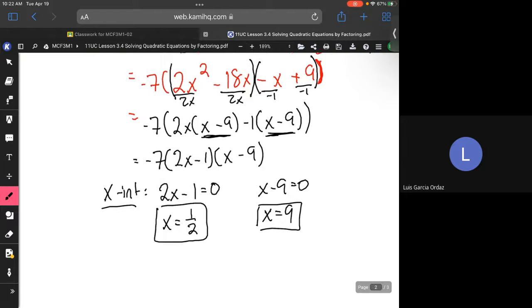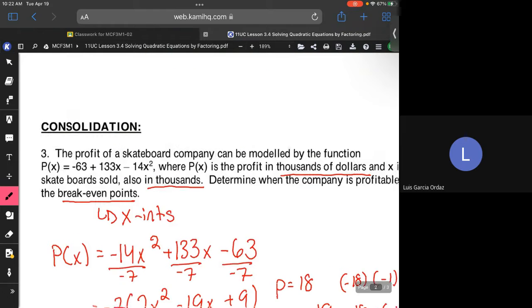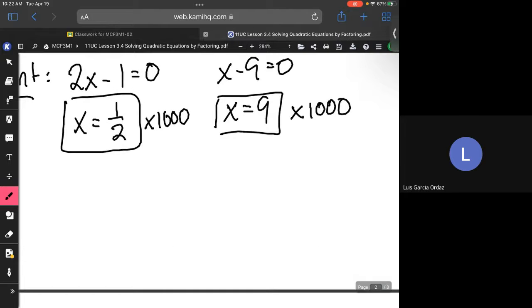I know some of you would probably put, because you want to read the in thousands part, that they'll break even when they sell half a skateboard and 9 skateboards. But because the skateboards are sold in thousands, I have to multiply each X-intercept by 1,000. So what's the first one? What's 0.5 or 1/2 times 1,000? 500.